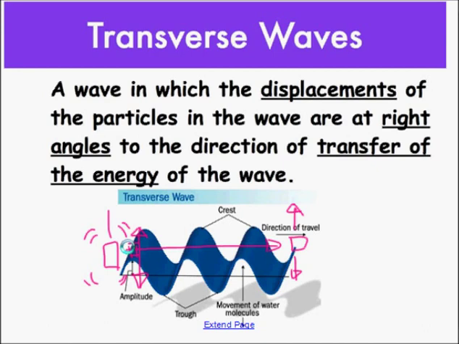So in a transverse wave the particles move at right angles, up and down like that, and the actual motion of the wave is perpendicular to that, straight across.